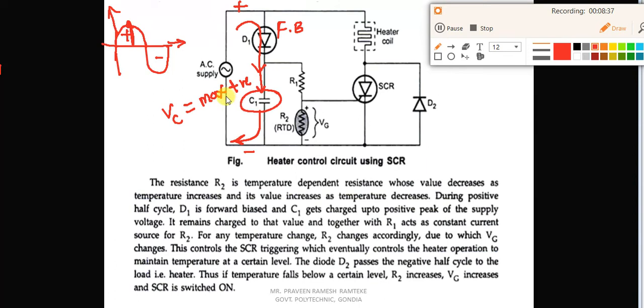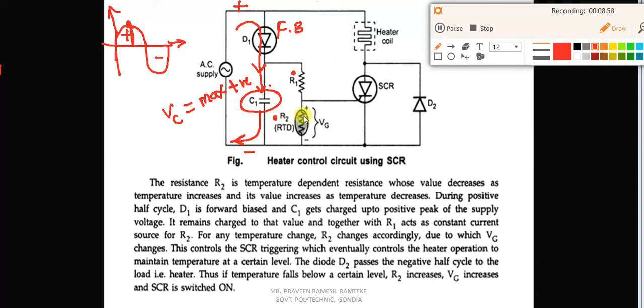It will remain charged to that positive peak, and together with resistance R1, it is acting as a constant current source for resistance R2.